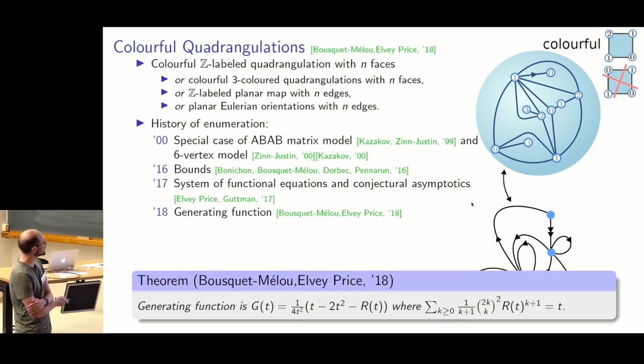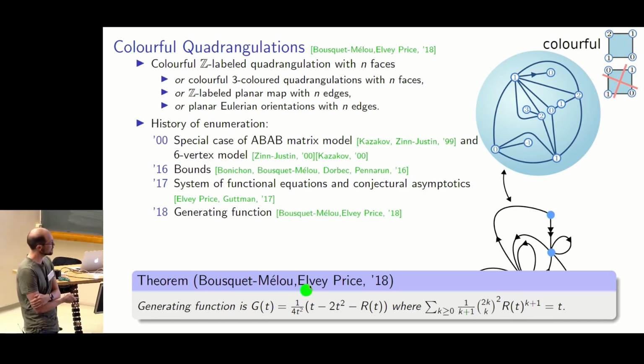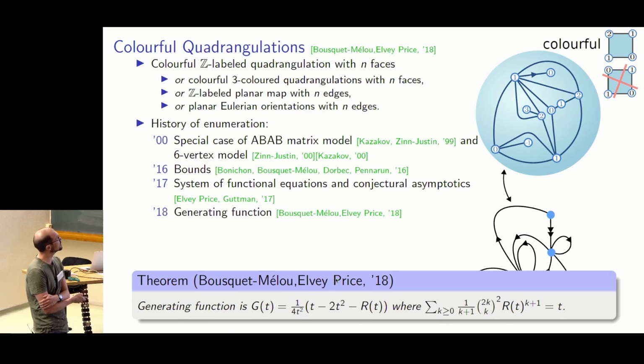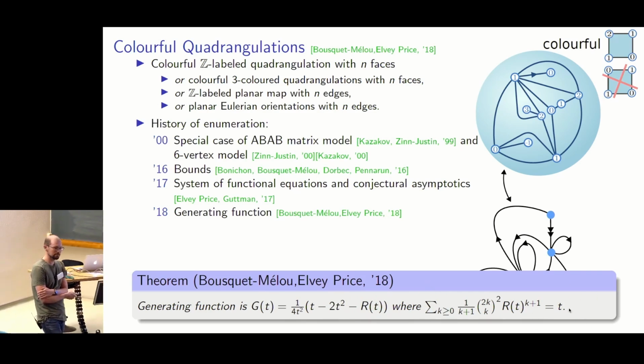Soon after, Andrew and Mireille found a slightly simpler set of functional equations that they managed to solve by guess and check methods. So here is their result, or at least a special case of their result for these colorful quadrangulations: their generating function can be expressed in terms of a solution of this power series equation.